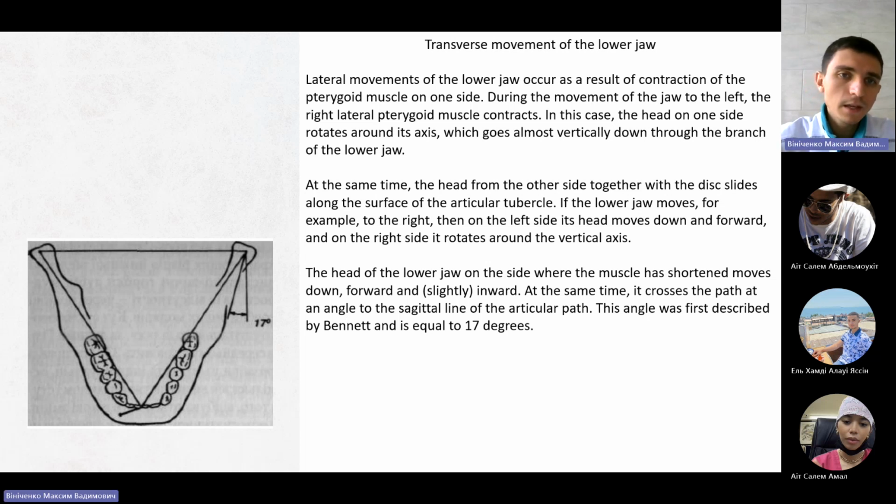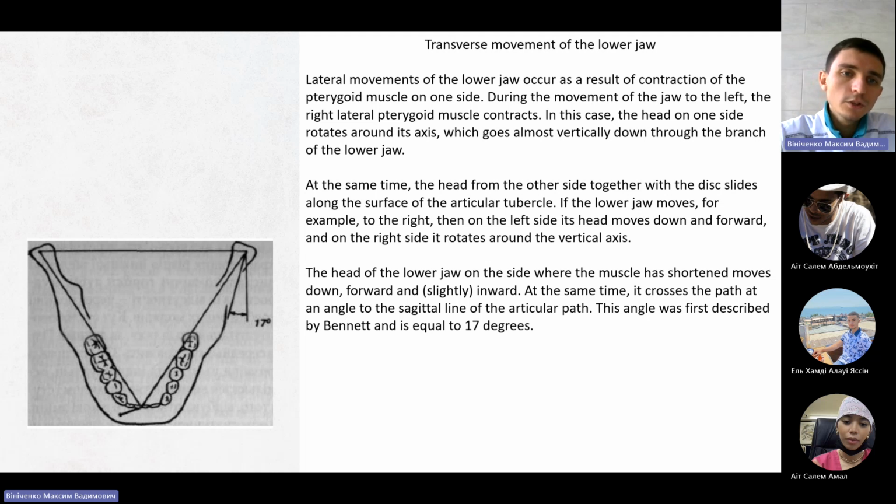At the same time, the head from the other side, together with the disc, slides along the surface of the articular tubercle. If the lower jaw moves, for example, to the right, then on the left side its head moves down and forward, and on the right side it rotates around the vertical axis. So there are different movements.